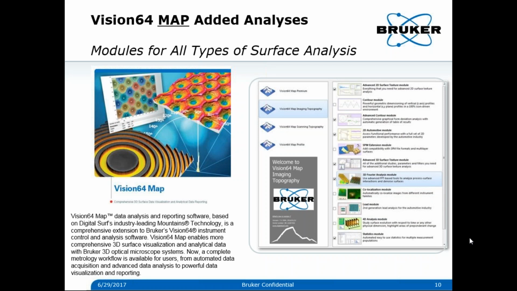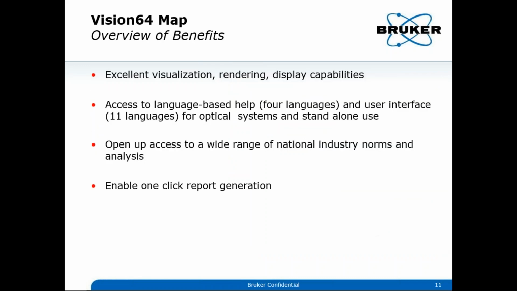On the right side, you can see a list of modules that come with it. As I said just now, for the models that are being sold in the market right now, for Contour Elite I, X, and also Ampliflex, the basic Vision64 Map software will come with the system, while for the Contour Elite K it is an optional item.